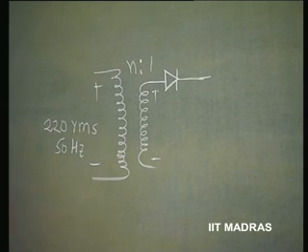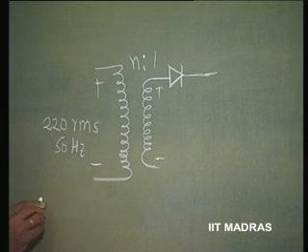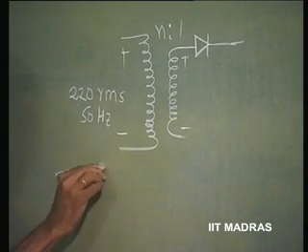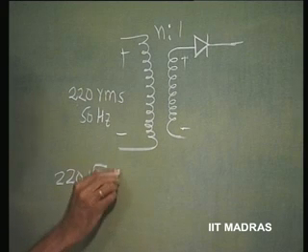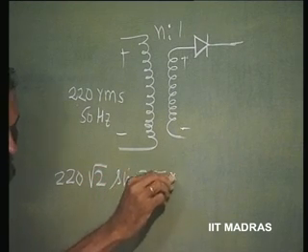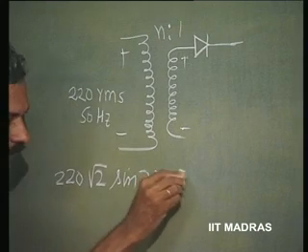Okay. 220 volts RMS means, let us see what it is. 220 volts RMS is 220 root 2 sin 2 pi into 50 t.